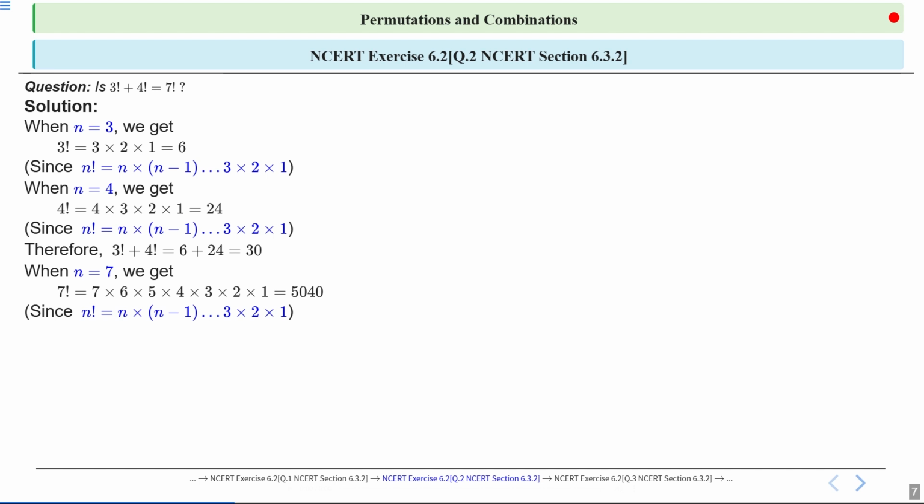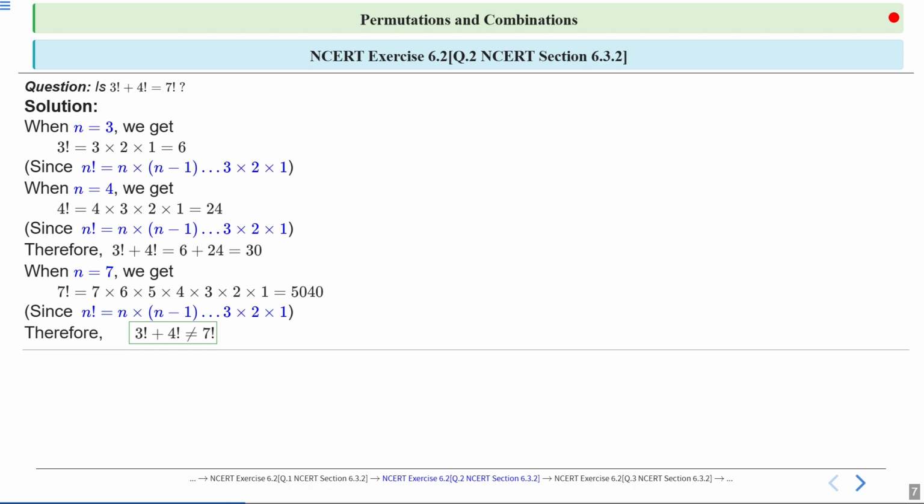Now when n is 7, using the formula n factorial is equal to n times n minus 1 times dot dot dot 3 into 2 into 1, 7 factorial is equal to 7 multiplied by 6 multiplied by 5 multiplied by 4 multiplied by 3 multiplied by 2 multiplied by 1, which equals 5040.